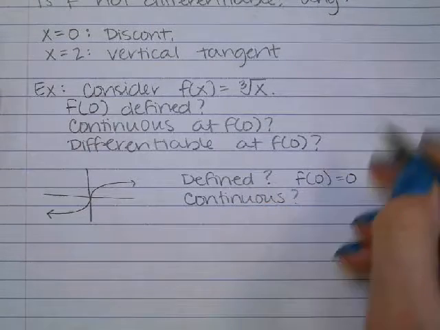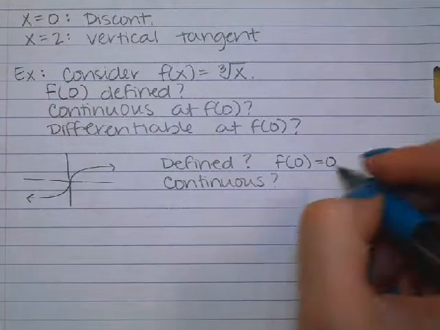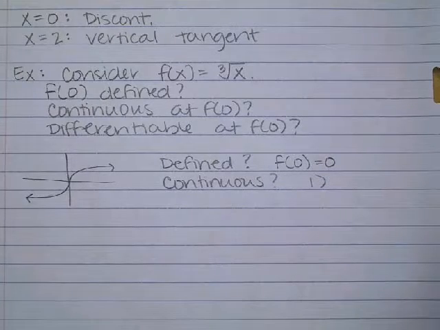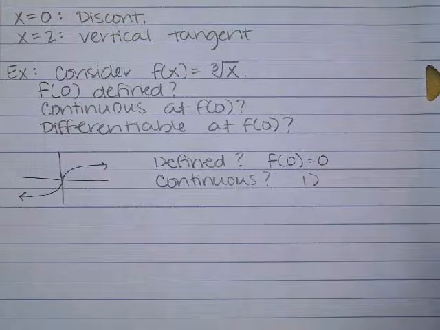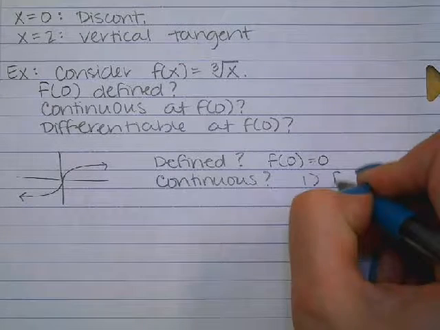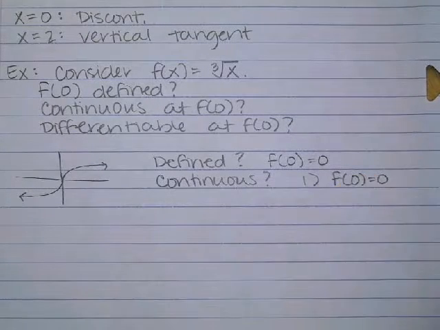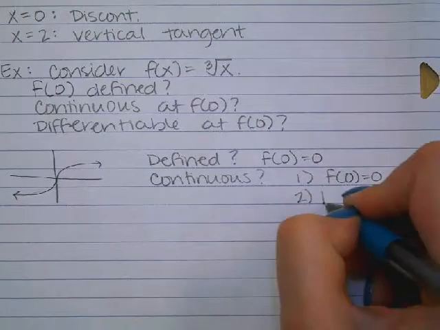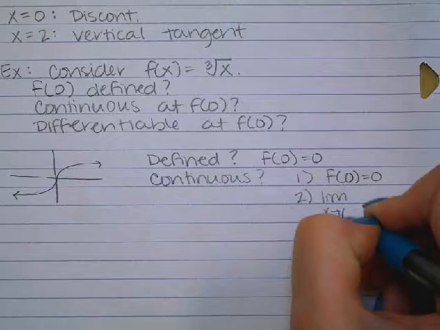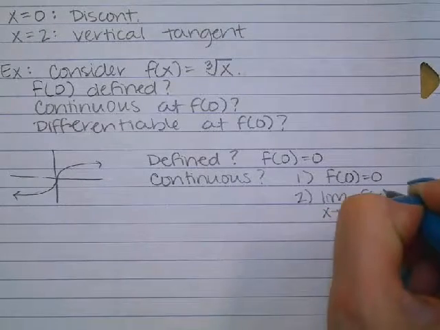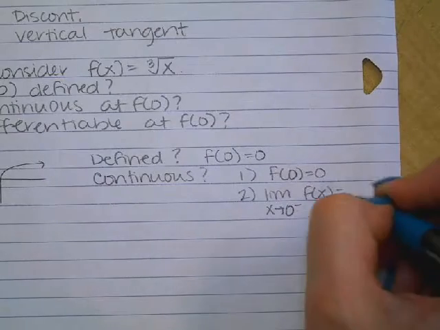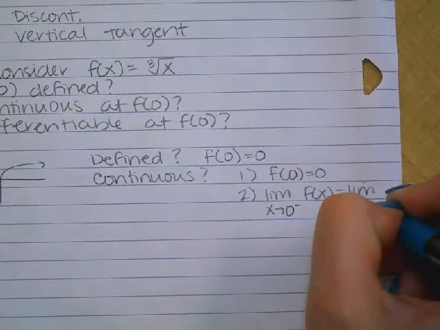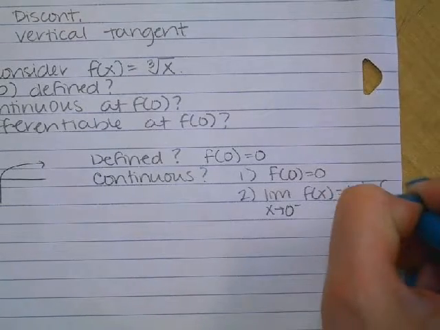Yes. Okay, so let's go through the definition of continuity. So part 1 is what? 3 different parts to the definition of continuity, right? So f of 0 is 0. The limit as x goes to 0 from the left equals the limit as x goes to 0 from the right.